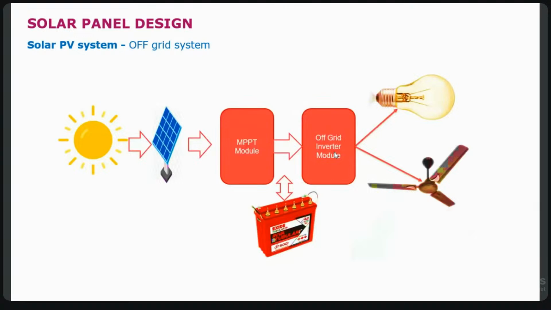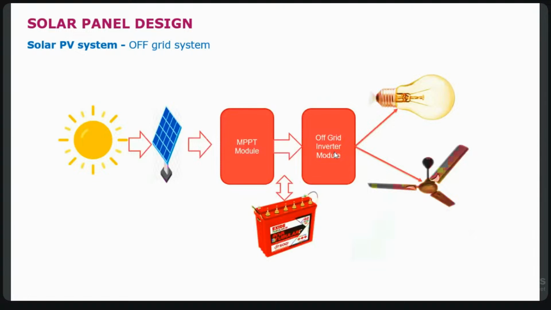But this old structure-oriented MPPT module works like this: the sunlight path may vary over a period of time. In 12 months we have two seasons, summer and winter, and it changes every 5 to 6 months.